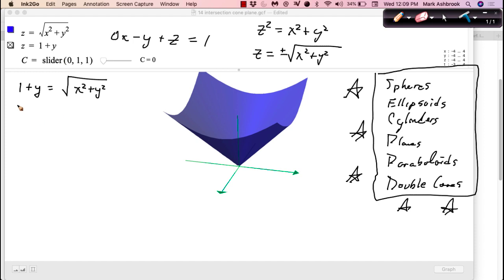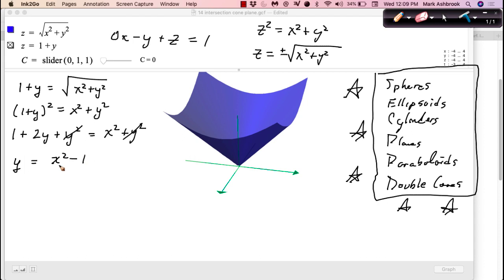And then square both sides. That's FOIL, right? There's 3 terms, not 2. It's not 1 plus y squared. It's actually, these go away. Okay. I can solve for y. So y equals x squared minus 1 all over 2.